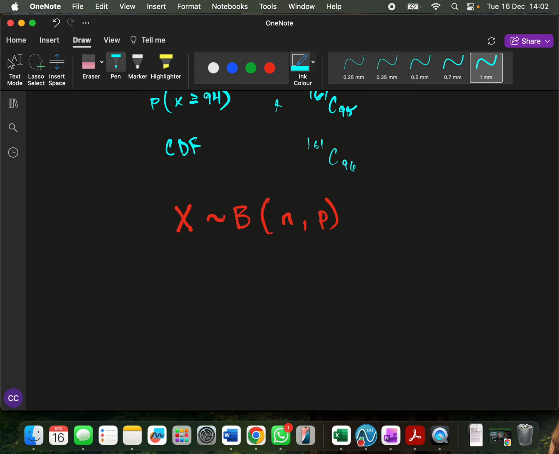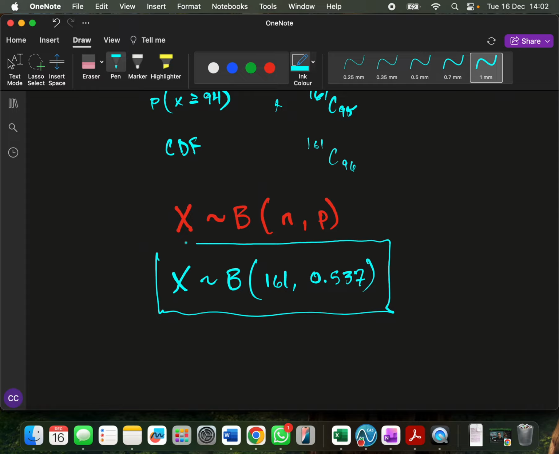So this distribution that we've been working with would be x is distributed binomially, 161 games, 0.537. So we just need to make sure that we are writing these things down whenever we go to use our calculator, because this shows the examiner that I know what I'm doing. I recognize this is binomial probability, and I'm going to go ahead and do it that way.